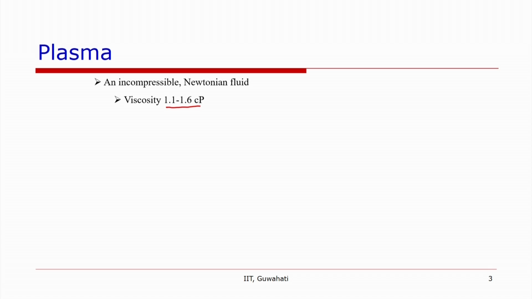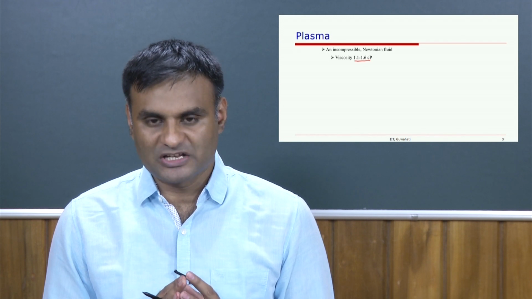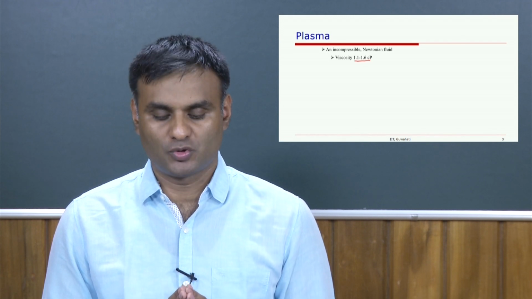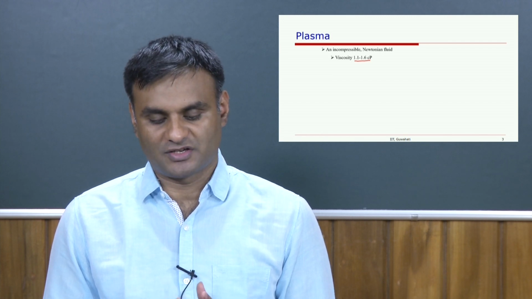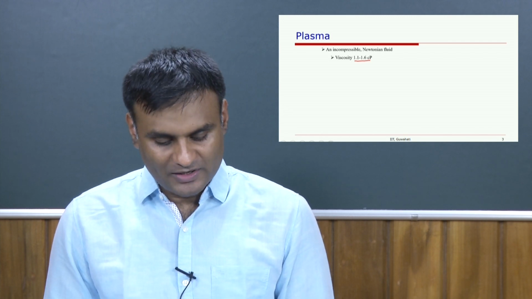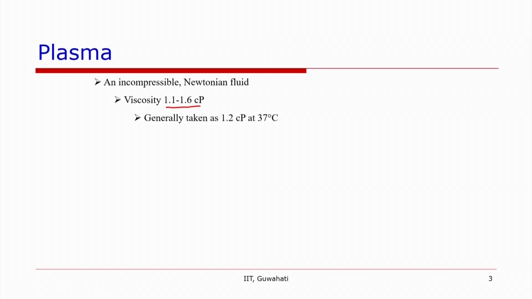It can also vary with the day and time of the day. So, it is a very variable property. So, it is not possible to give one value of viscosity; there is one range. Nominally, for calculation purposes, it is generally taken as 1.2 centipoise at 37 degrees centigrade, which is body temperature.